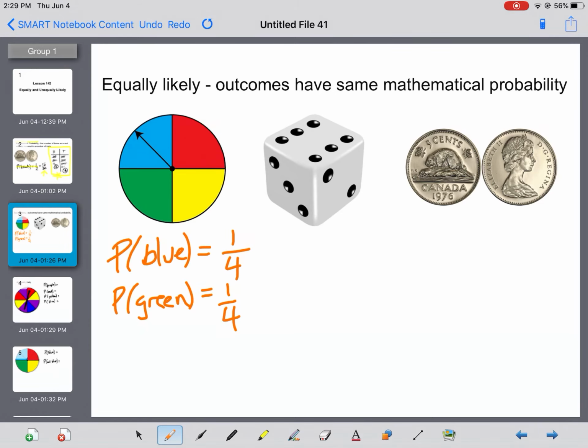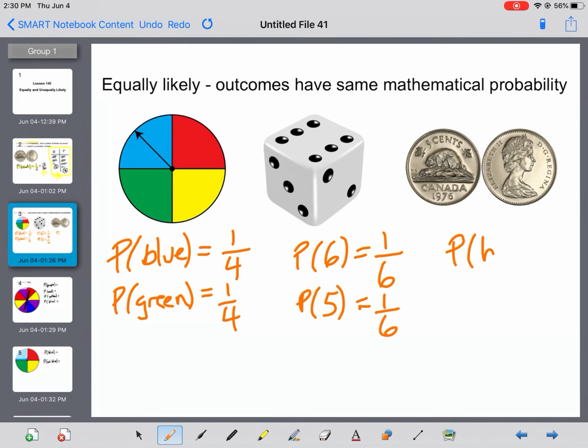Same for using dice or number cubes. The probability of rolling a 6 is 1 out of 6. There's one side that has a 6 out of 6 total. Same for all the other sides. The probability of rolling a 5 is 1 out of 6, etc. for all the other sides. Same thing for flipping a coin.